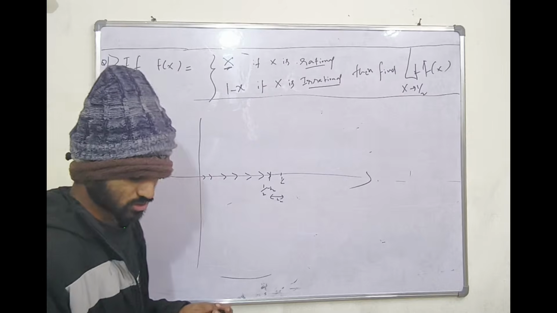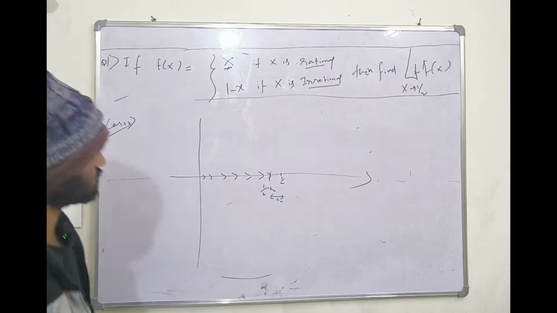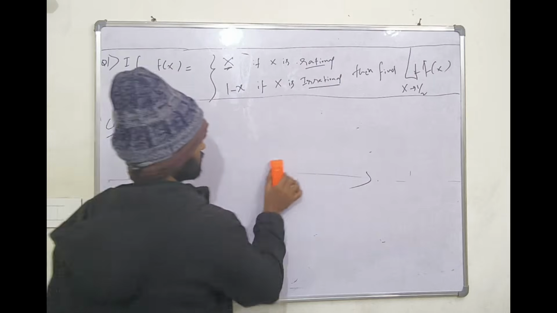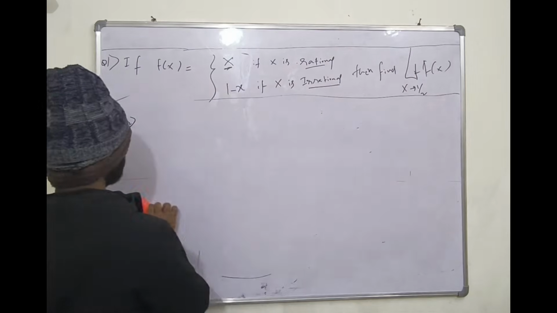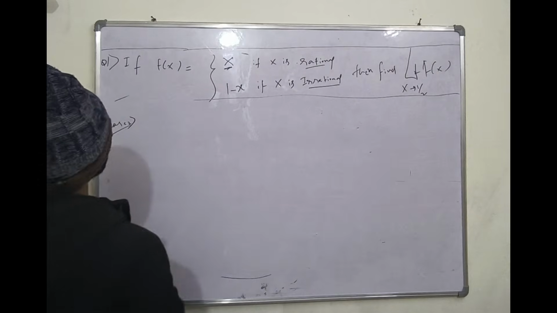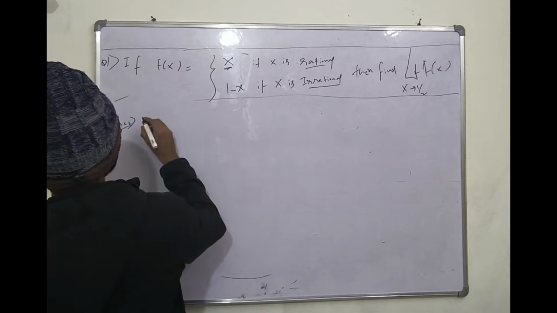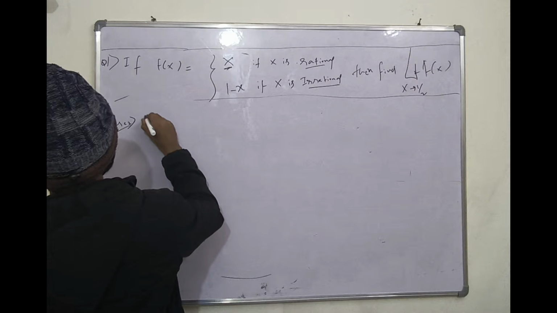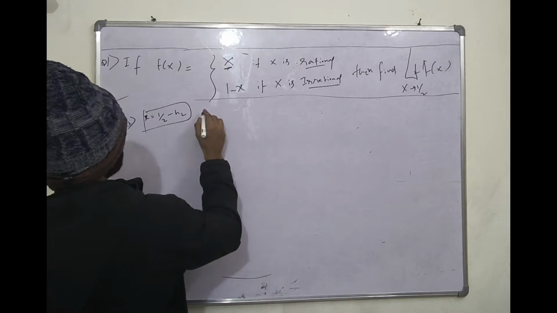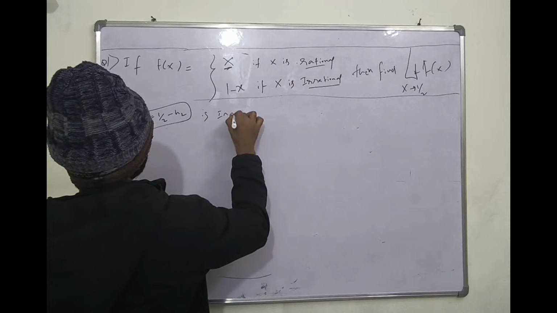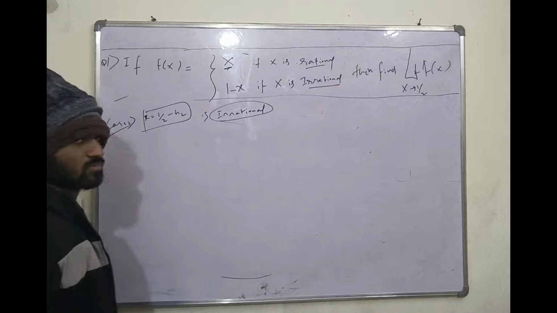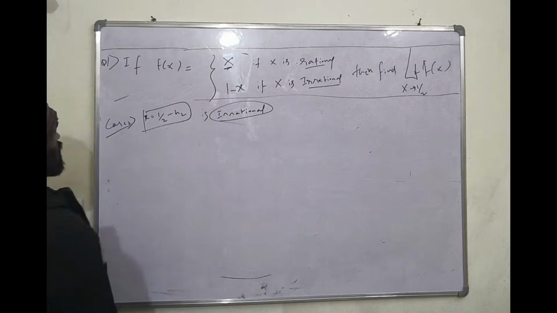Okay, so because beside 1 by 2 there are a lot of both rational and irrational, so let's find left hand limit. So we took x equals to 1 by 2 minus h2 is irrational.